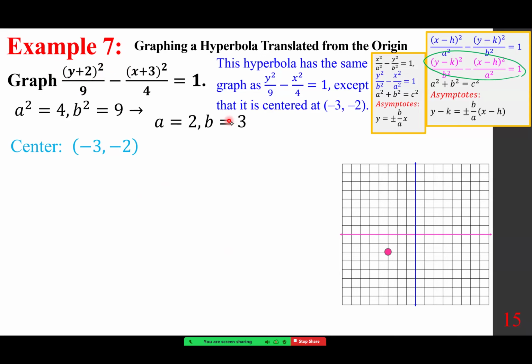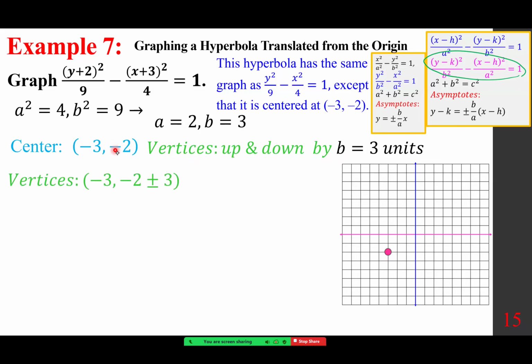This is the center, -3, -2, and the vertices are up and down by b, which is 3 units. That means for the y coordinate, we add and subtract 3. When you subtract, you get -5. When you add, you get +1. So you locate those points. Those are your vertices.